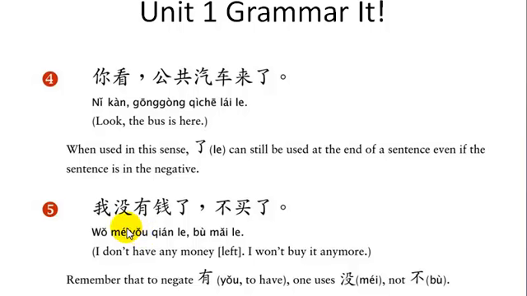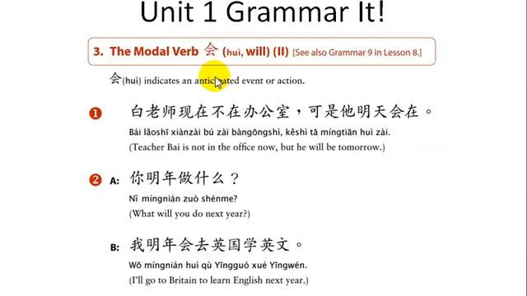And of course you remember that 有 is negated with 没 and not 不. Okay, you've seen 会 before, used to indicate an anticipated event or action, like the "will" in English. So we have some more examples here. 白老师现在不在办公室，可是他明天会在.